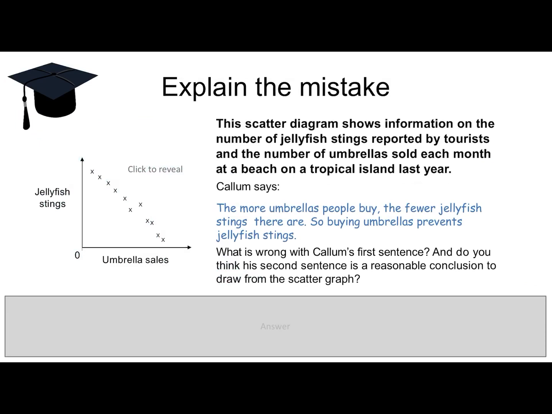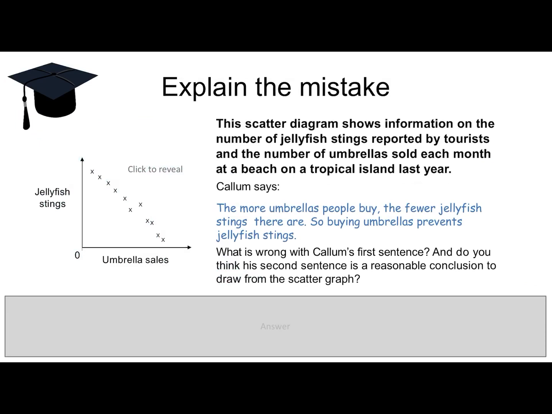Right, now this scatter diagram shows information on the number of jellyfish stings reported by tourists and the number of umbrellas sold each month at a beach on a tropical island last year. Callum says the more umbrellas people buy, the fewer jellyfish stings there are. So buying umbrellas prevents jellyfish stings. What is wrong with Callum's first sentence? And do you think his second sentence is a reasonable conclusion to draw from the scatter graph?